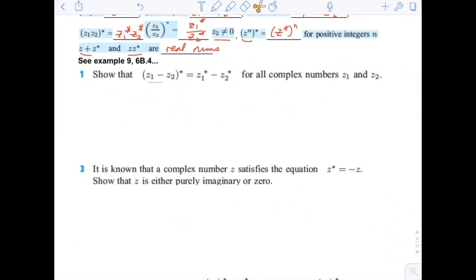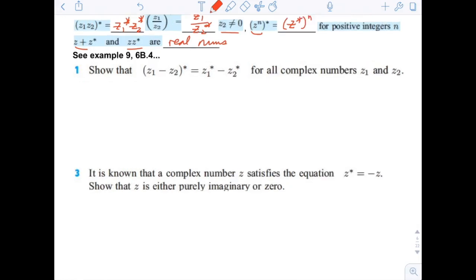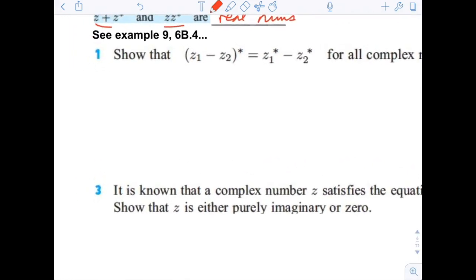Show that the conjugate of z1 minus z2 equals z1 conjugate minus z2 conjugate for all complex numbers z1 and z2. So usually when you get a proof like this, you want to name z1 and z2 by their real and imaginary components.